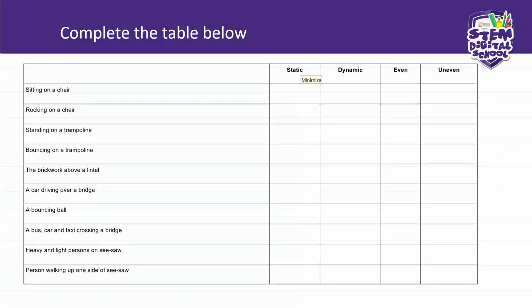Foo Fighters, you give me two answers, so I must do multiple choice. Yeah. A bus, car, and taxi crossing a bridge. Now I like this one. Is it static or dynamic force? It's dynamic force, okay?